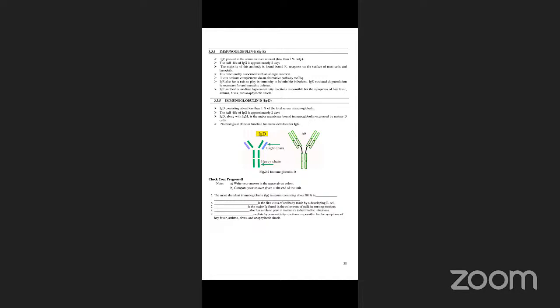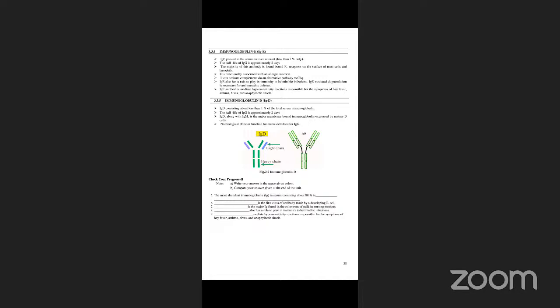Here IgE activates the alternate pathway. IgE can also protect the body from helminthic infections like parasites. It also mediates hypersensitivity reactions, which are responsible for hay fever, asthma, hives, and anaphylactic shock, like reactions to pollens and other allergic reactions.